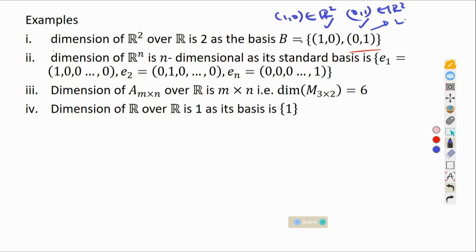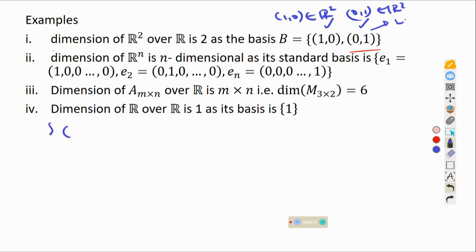And for that case, this is what we call the basis of R2 over R. It contains elements (1, 0) and (0, 1). They will always satisfy the conditions for the basis. Then the dimension of R to the power n is n, and its standard basis contains elements of this nature.